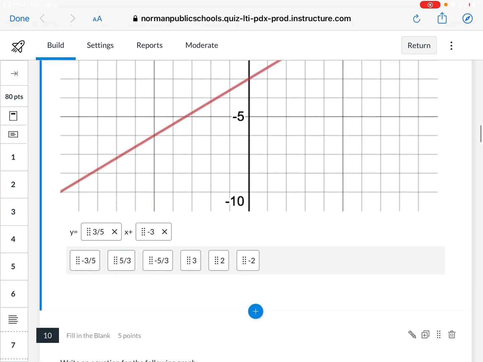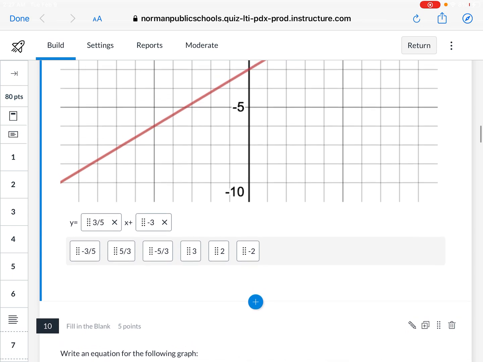If you go back, what you should have done is drag the 3 over 5x into the slope, and then drag the -3 over here for the y. I don't know why those x's are in there, I have no idea, they shouldn't be there.